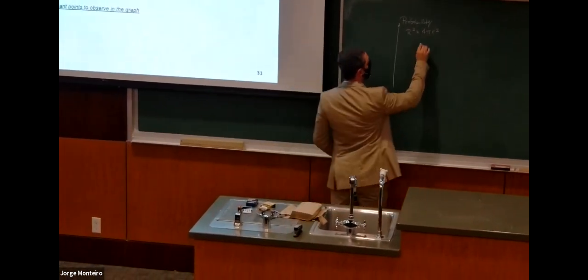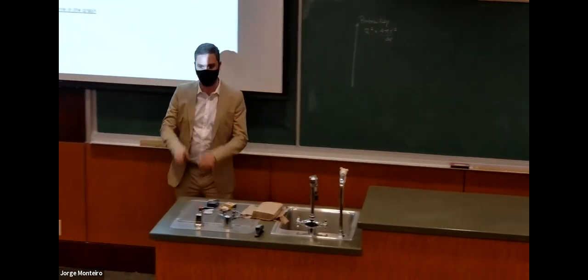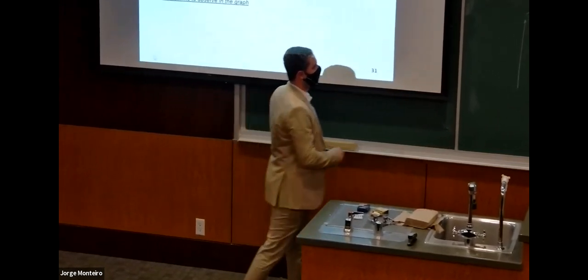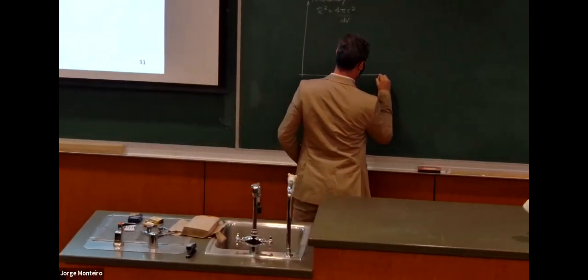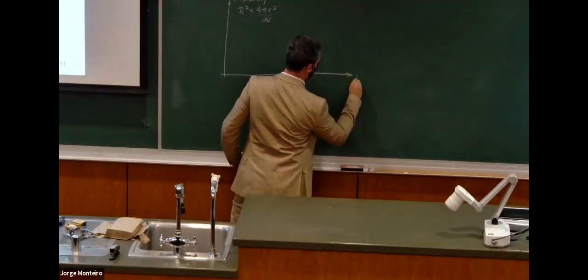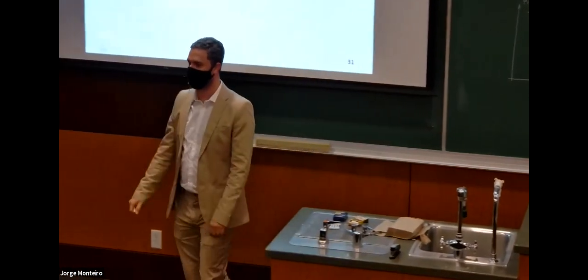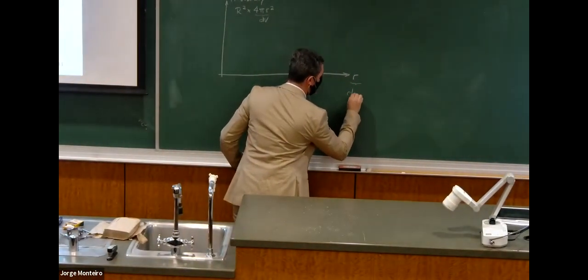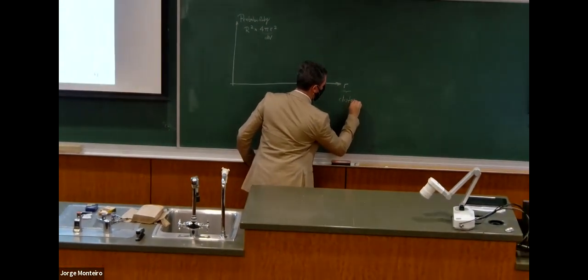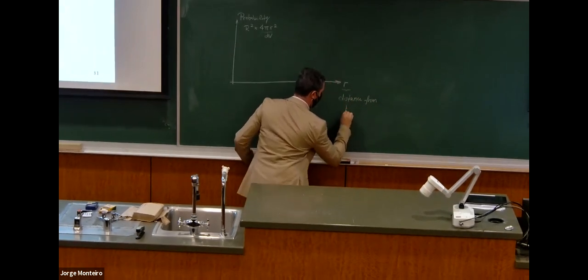This here is the derivative of the volume of a sphere. And we are going to trace this as a function of r, and r is the distance from the nucleus.